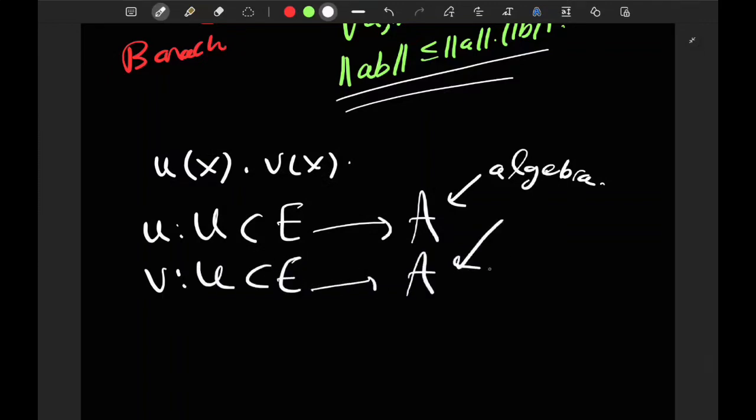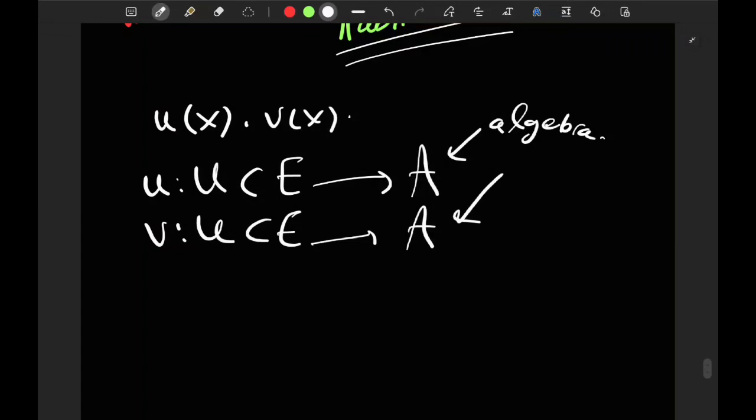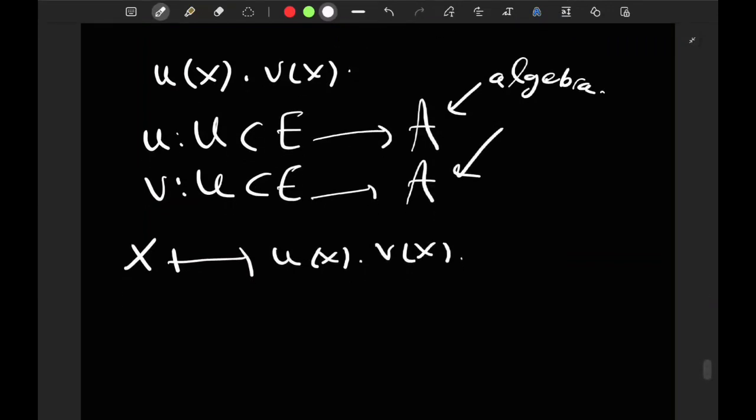into the same algebra, and if you consider the map which associates x to u of x times v of x, this is a genuine, well-defined map, because u of x is an element of A and v of x is an element of A, and it makes sense to say u of x times v of x.